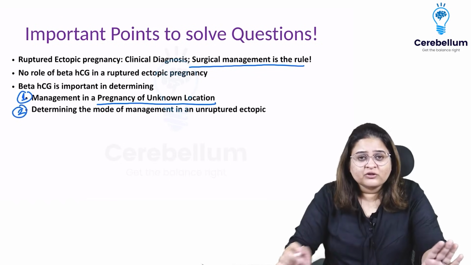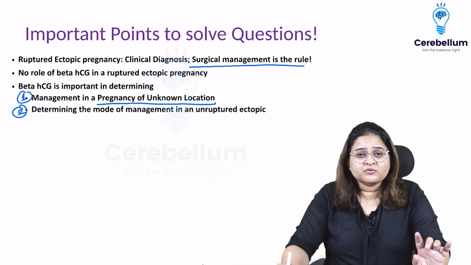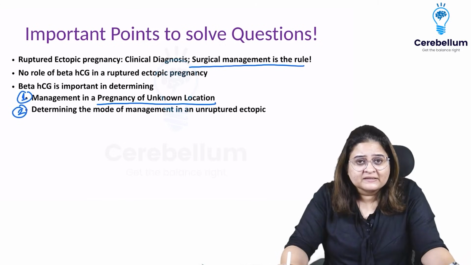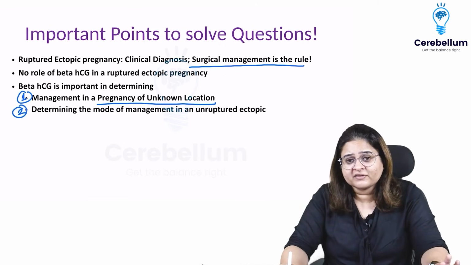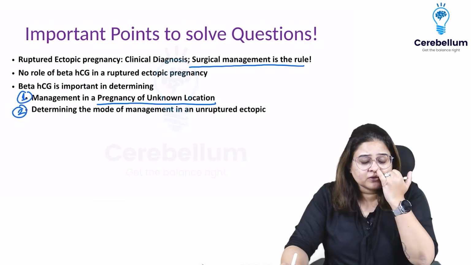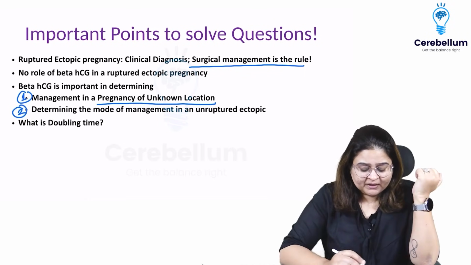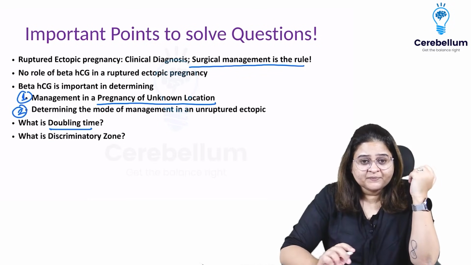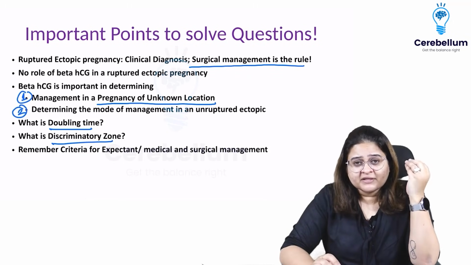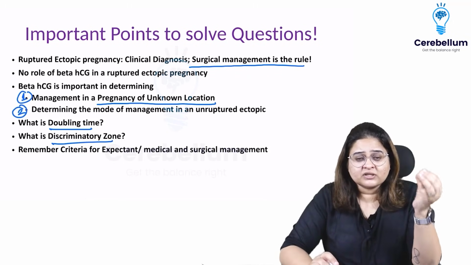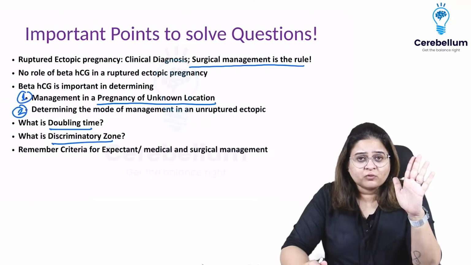And secondly, when you diagnose an unruptured ectopic, to determine whether you're going to do expectant less than 1,000, medical less than 5,000 or surgical more than 5,000, that is dependent on the level of beta-hCG. You should know what is doubling time, you should know what is discriminatory zone, and remember the criteria for expectant, medical and surgical management of ectopic pregnancy.